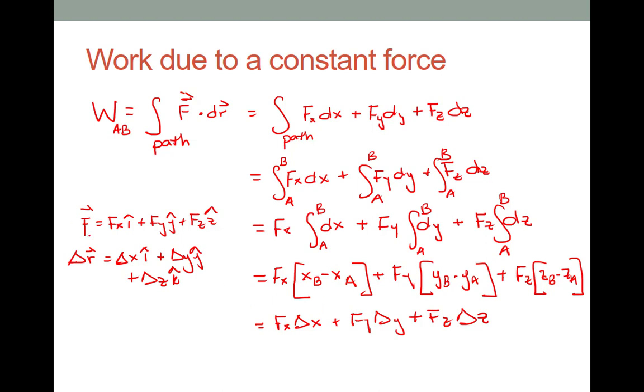And now consider F dot delta r. You will get exactly this bottom line here. So when we have the work due to a constant force, we can simplify our lives immensely by realizing it is the dot product between that constant force and the displacement.